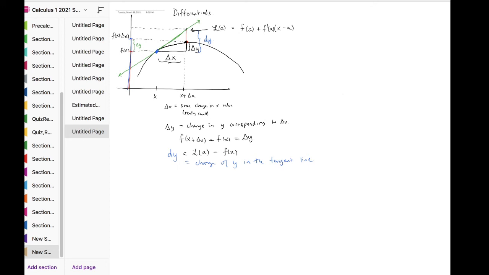Everyone see the difference between dy and delta y? So one is the actual change, and one is the estimated change. Or, yeah, the change in the estimation. So change in our estimation.